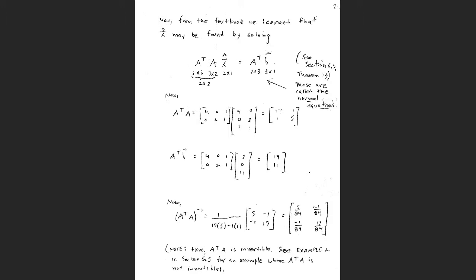Okay, very good. So now, why would we want to get A transpose A inverse? Well, the reason is, here are the normal equations. A transpose times A times X hat equals A transpose times B. And I'm going to multiply by A transpose A inverse on the left of both sides of that matrix equation.